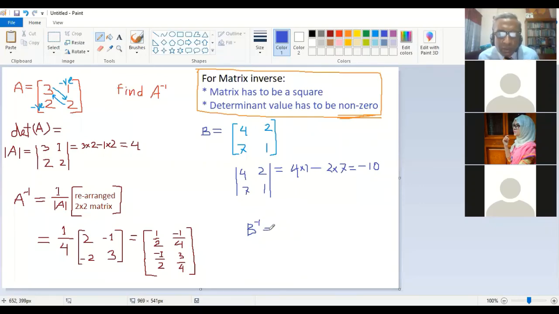B inverse will be 1 divided by minus 10, and then within the matrix there will be some changes. You will write 1 and 4 with the positions changed, and then minus 2 and minus 7 in the same positions. This will be the B inverse matrix.